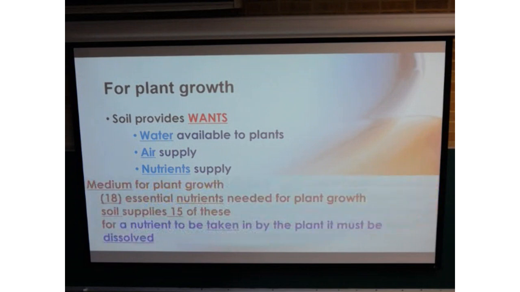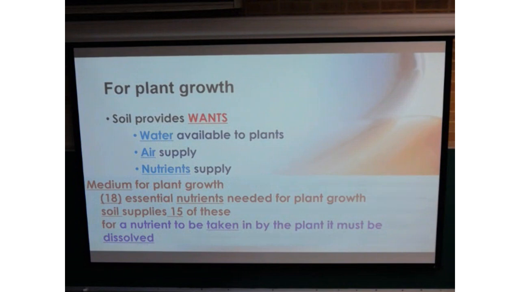Plants require minerals, nutrients, about 18 essential nutrients needed for plant growth. Soil supplies 15 of these nutrients to be taken in by the plant. It must be dissolved. That is one of the keys. What is the main focus? That is our main reason for starting soil fertility, because soil is able to support that.